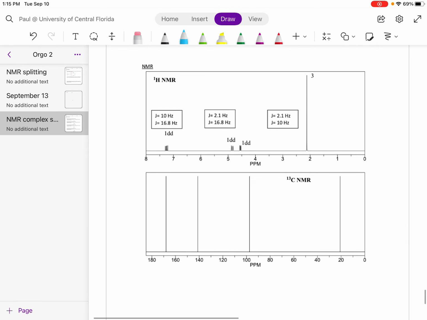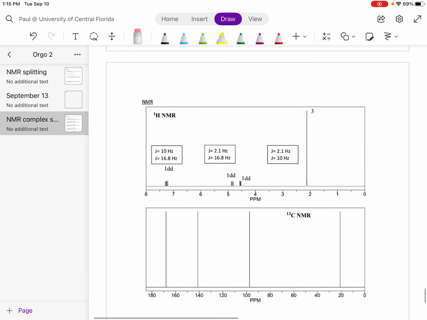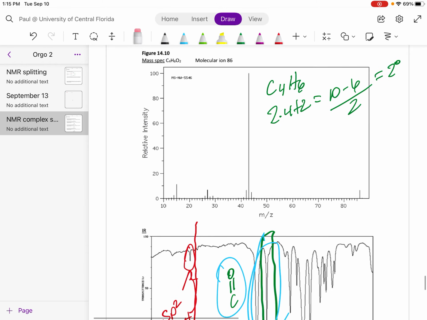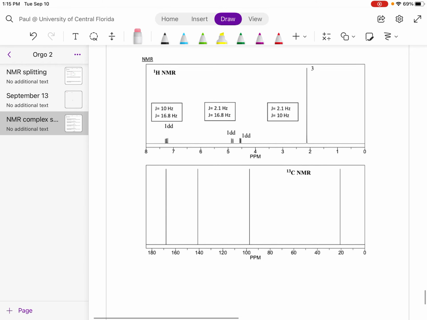Now when I come to the NMR here, okay, what do I notice? I have 1 signal, 2, 3, and 4 signals right there. Now, how many carbons did I have in this thing? Did it say? Let's rewrite it.